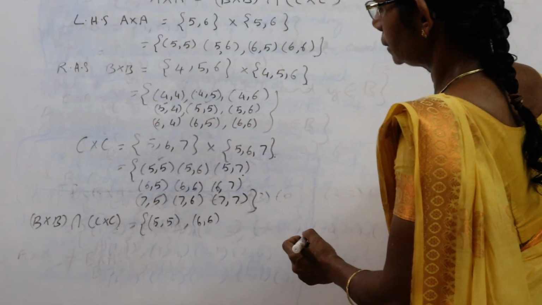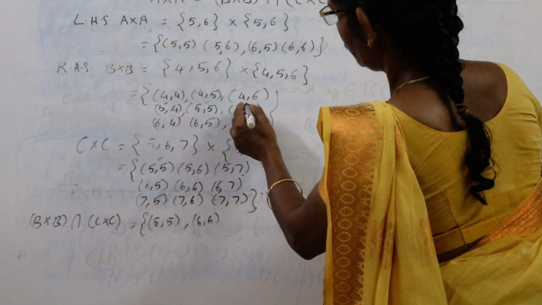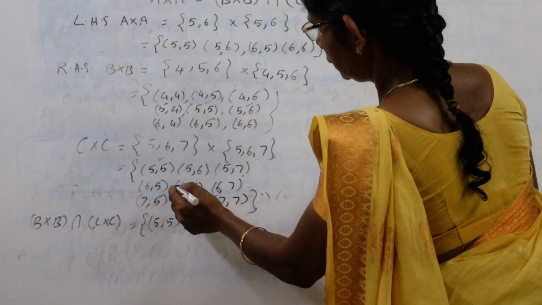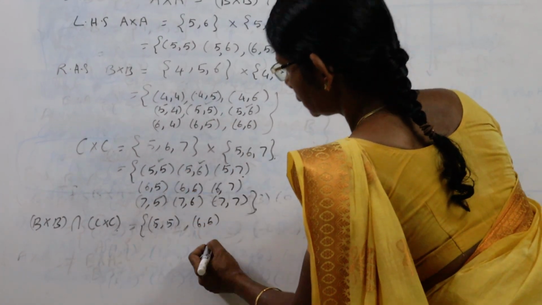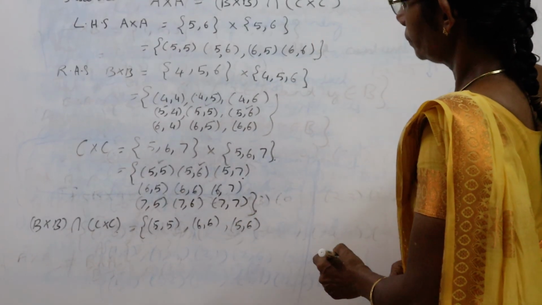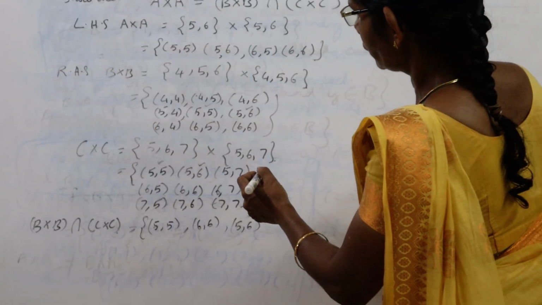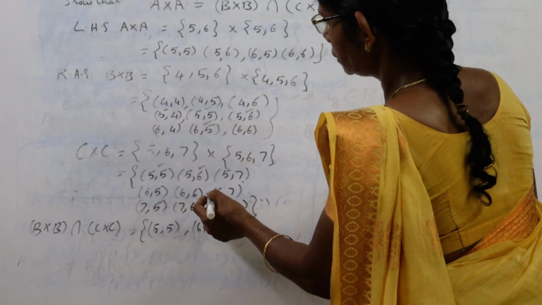Again, what are the elements? (5, 6). Here (5, 6), here (5, 6). Then what are the elements? (6, 5). Here (6, 5) is there.